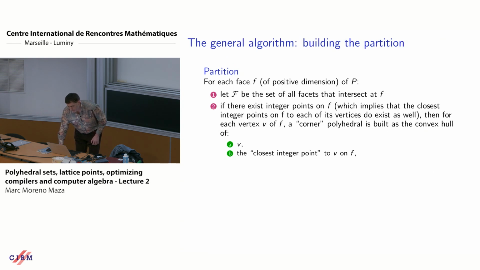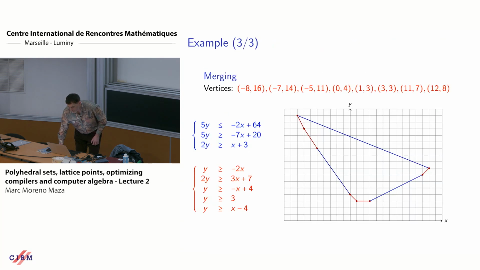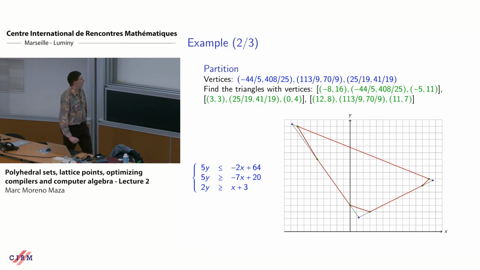This is understandable if I go back to my example here. So I have to find this sort of point here. This is trivial, of course, in 2D, that's middle school math, but in higher dimension, this is less trivial. So how do I find a point which is close to a given vertex and a point which is on a given facet?